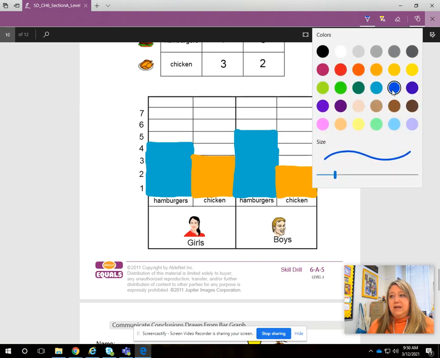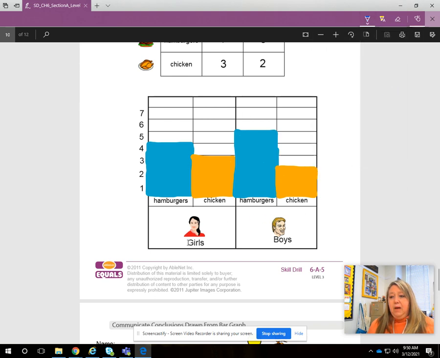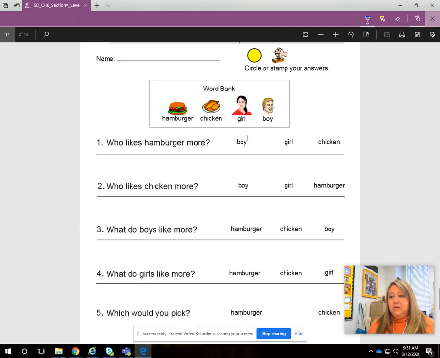As you can see, girls were up to four. Four girls liked hamburgers, and oh, five boys liked hamburgers. So it looks like the boys liked hamburgers more than the girls did. Okay, so we're going to go back down and we're going to circle boy. So the boys liked the hamburgers more than the girls did.